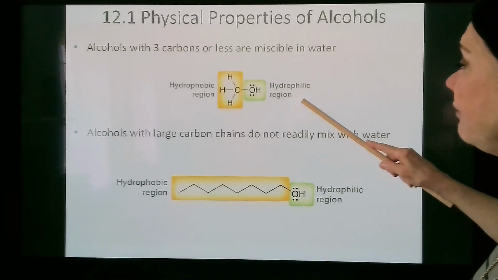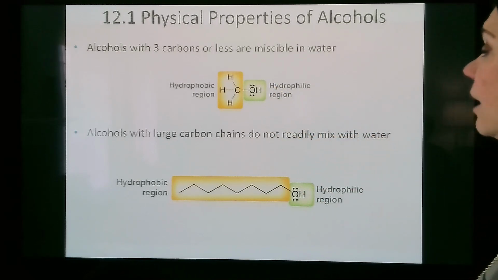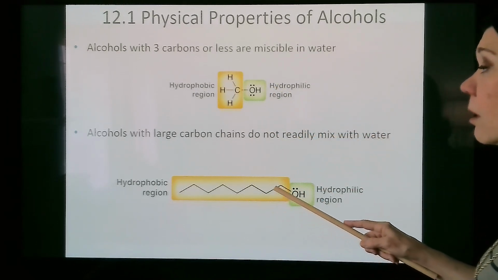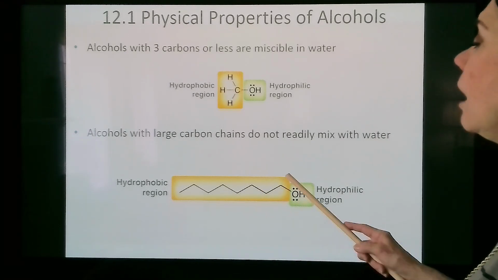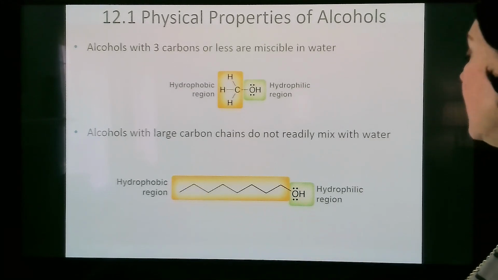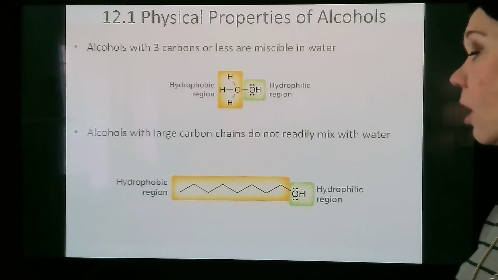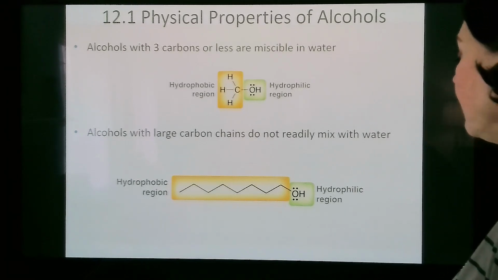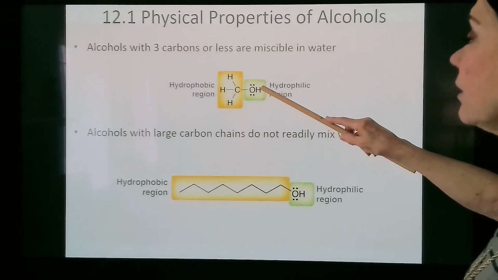The hydrophilic region dominates the molecule, but when you have a much longer hydrophobic chain, then the solvation starts to drop off. What is happening up here is the hydrophilic region.